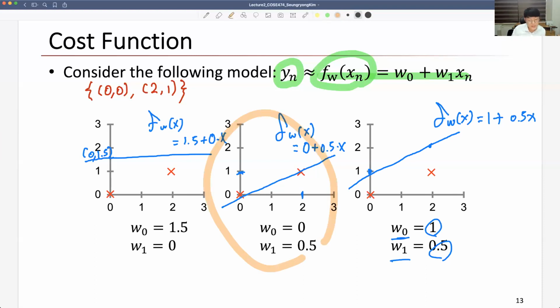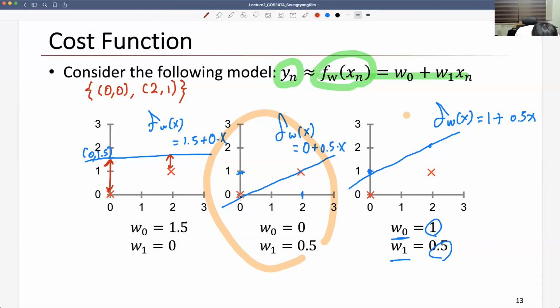The middle one, right? Why is the middle one the best? Because if we think about the distance between the ground truth y and the estimated y, in the first case the distance looks like this.